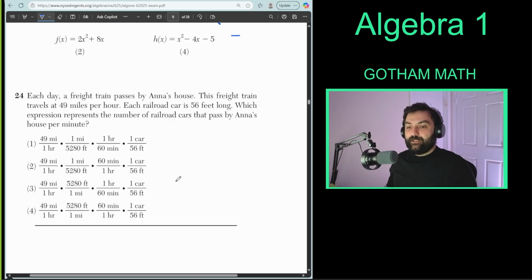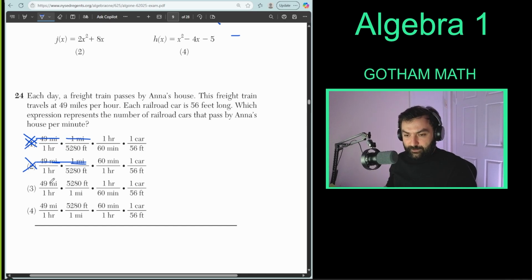So basically, you cannot have matching values on the same level of fraction, so in the numerators or in the denominators. Look at this. You see miles. This cannot exist. So that's wrong. Look at this. Miles. This is not allowed. That's wrong.